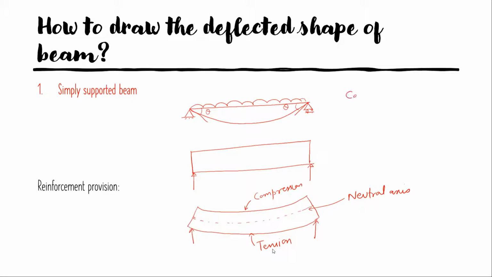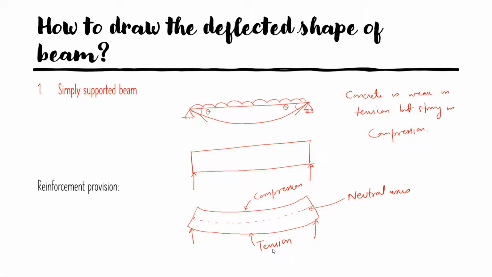That concrete is weak in tension but strong in compression. It can carry the compressive load but cannot carry the tensile load. So concrete is weak in tension but strong in compression.